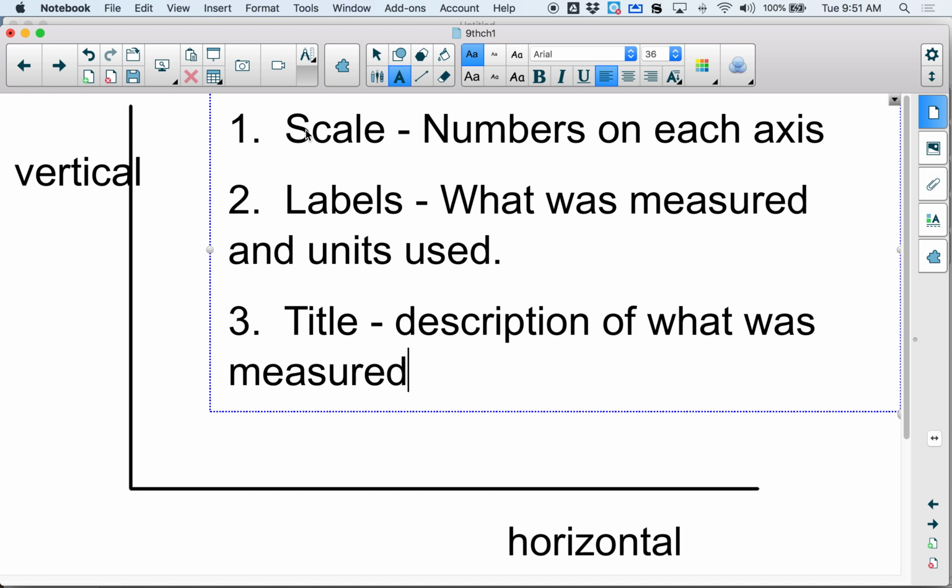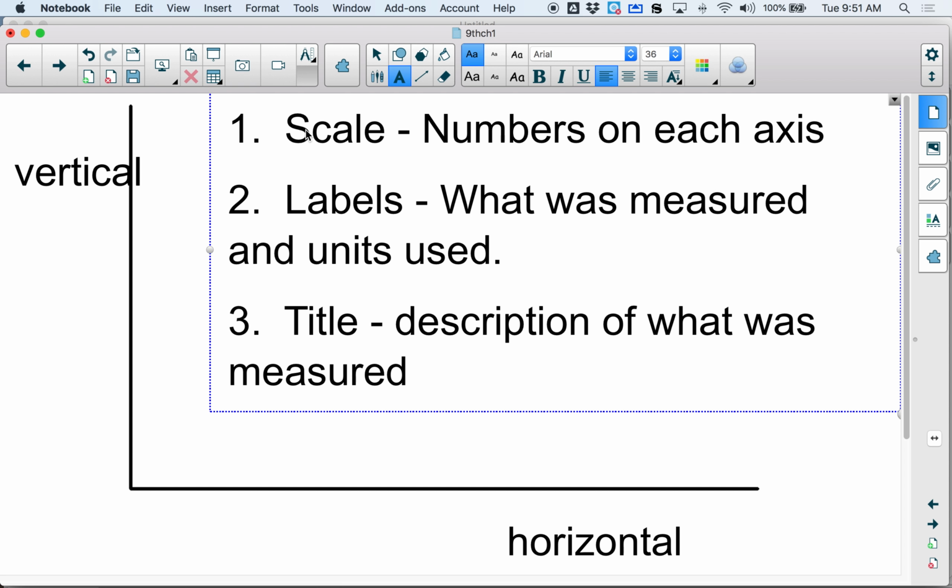Now, I went around and looked at your titles for homework, and none of them were bad, but some of them were better than others as far as descriptiveness. So, for example, if you just put circumference and diameter, okay, but circumference and diameter of what? So you want to actually be descriptive.